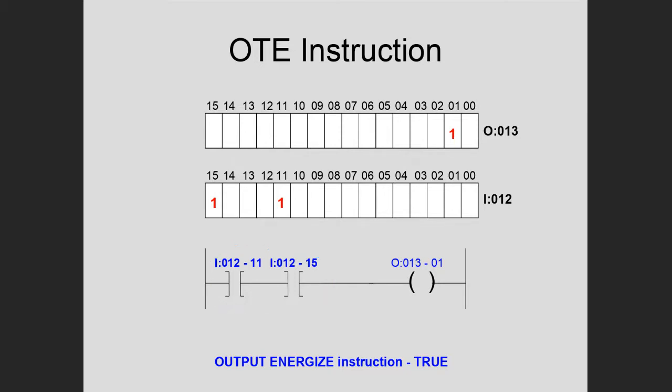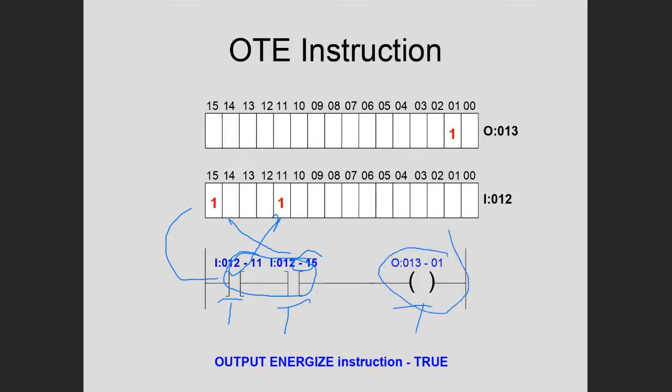So what happens is when you run this program, the logic runs this way. This is going to examine this. If it sees a 1 there, then this is true. And then it moves over to here. It's going to examine this cell over here. If it sees a 1 there, this is going to be true. Since you're ANDing these, you have them in series, a true and a true is true.